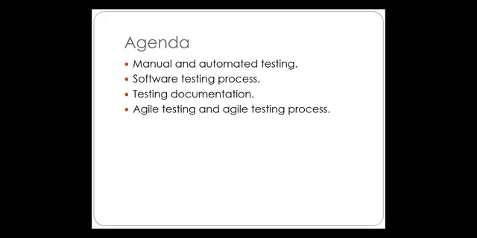Later on, we will talk about the testing process, what are the different steps and stages, or you may say the standardized phases of testing process. Then we talk about different documentation which are essential part of the testing procedure, and finally we will discuss about agile testing and agile testing process.